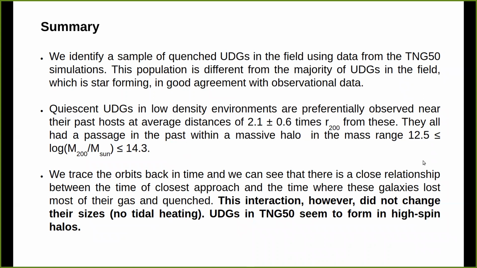Finally, when we trace the orbits back in time, we can see that there is a close relationship between the time of closest approach and the time when the galaxies lost most of their gas content, followed by quenching. This interaction, however, didn't change their size.